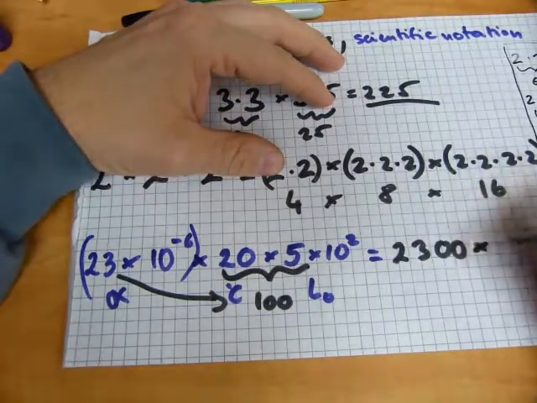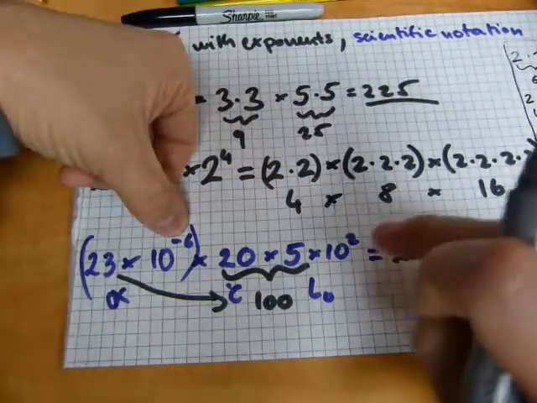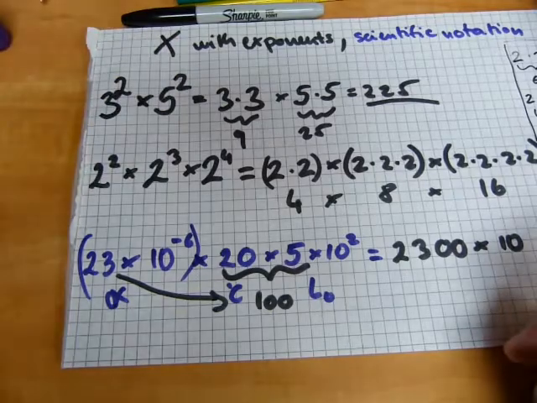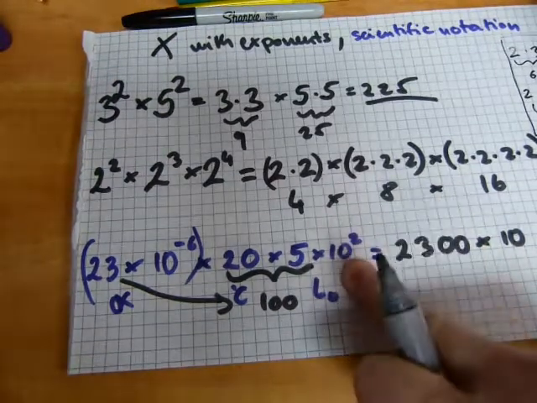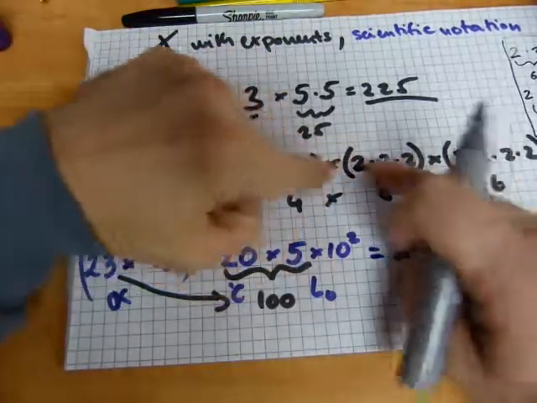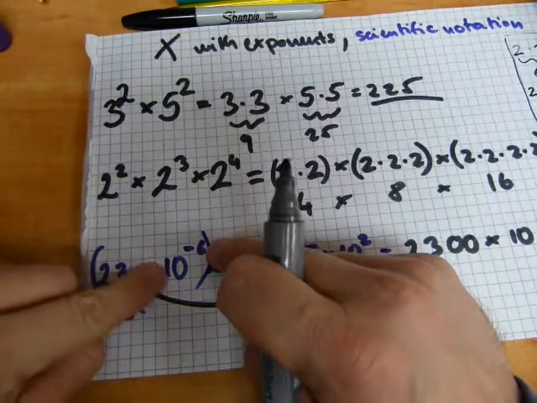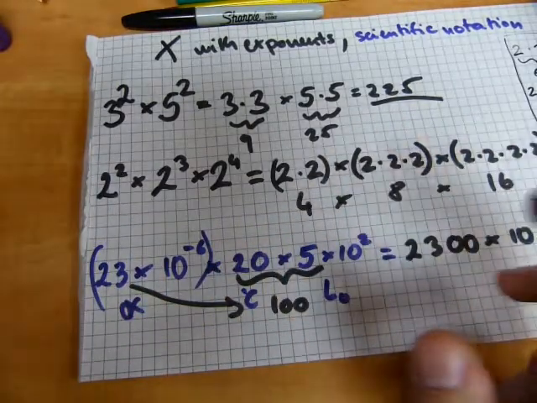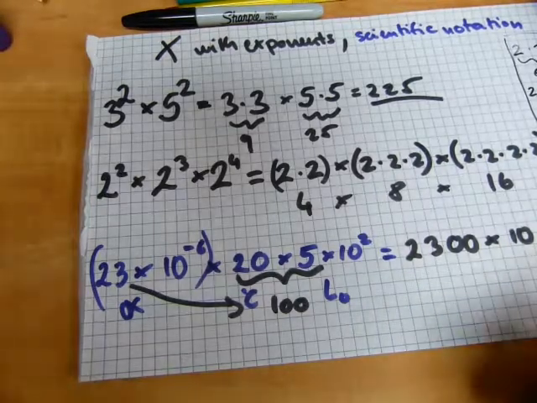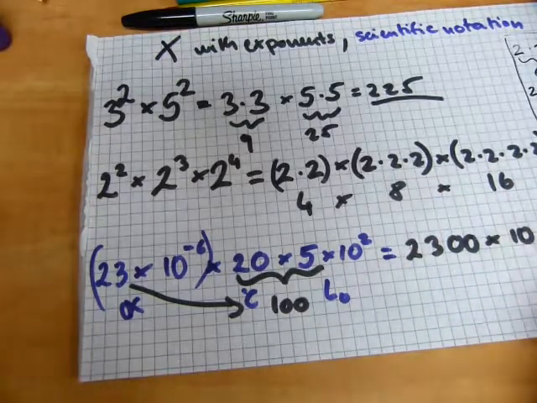And then we have times 10 to the power of, we have negative 6 and positive 2. If you want, that 10 to the power of 2, if you expand it, is 10 by 10. And negative 6, if you expand that, is 1/10 by 1/10 by 1/10, you have 6 of those 1/10s, or 0.1 by 0.1 by 0.1, you have 6 of those.